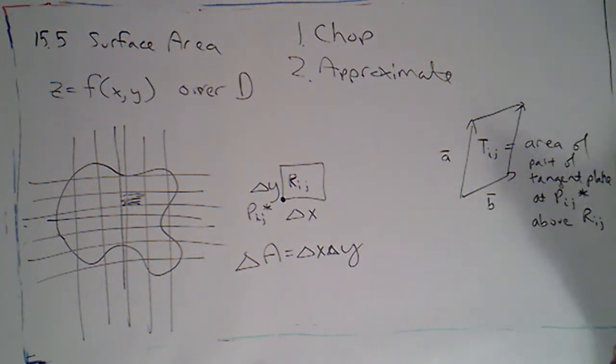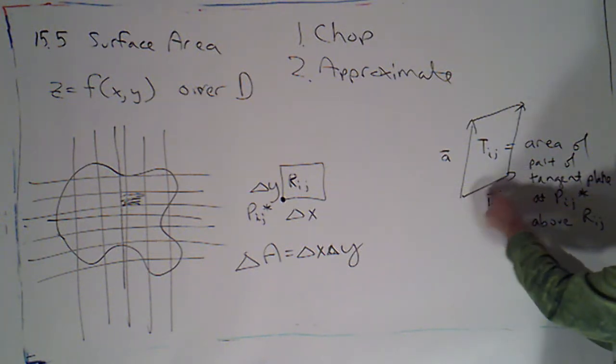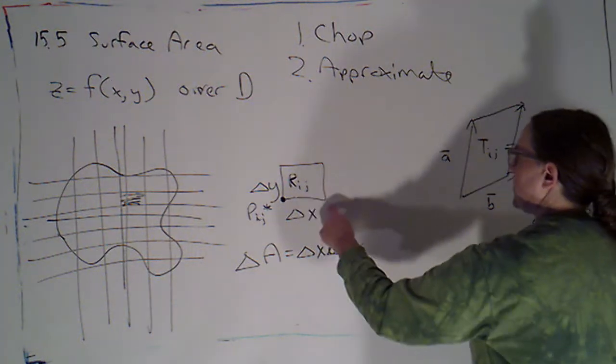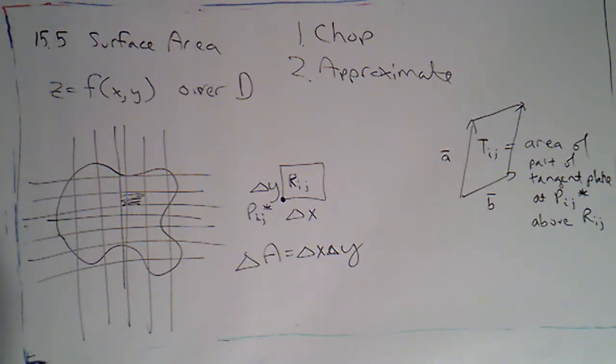Okay, so I want to try to figure out what these vectors here are. Okay, so let's just suppose that B is the one that corresponds to the delta x here.